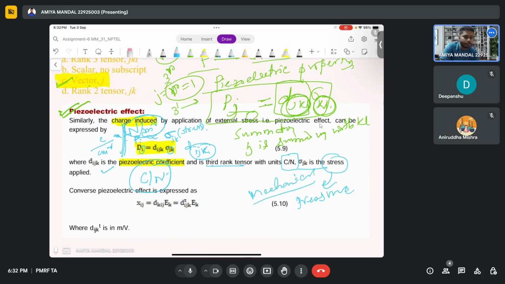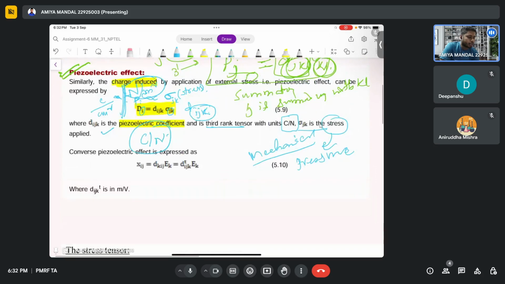And the converse piezoelectric effect means we apply an electric field and strain is generated. Strain is related to the applied electric field, so what will be the proportionality constant here?